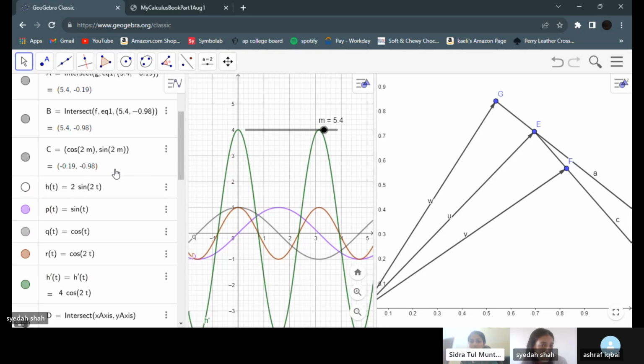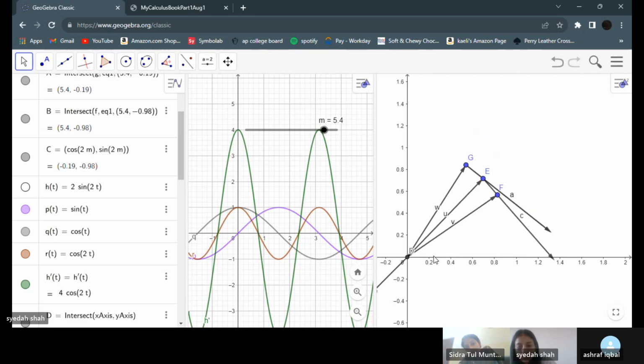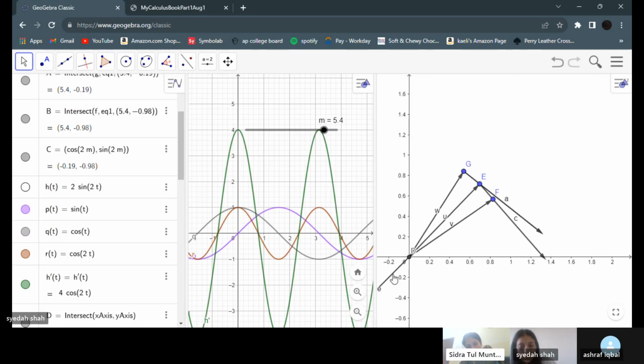So move to the second graphics. You can change the position of the acceleration vector we just found. Take it to E. The acceleration vector, yes, this one.